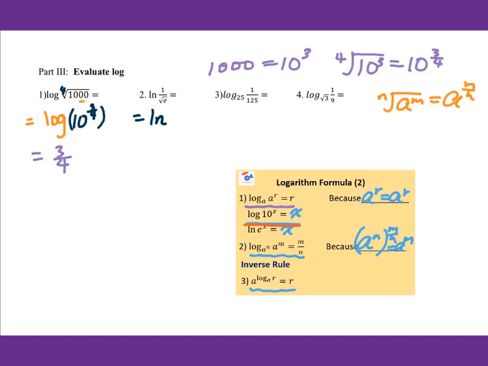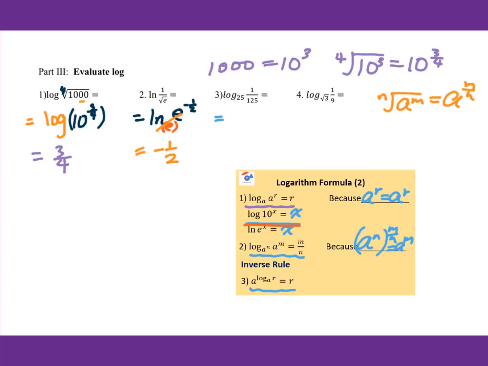For number 2, natural log. We know the natural log, the base is e. So you have to change 1 over square root of e into e to the negative 1/2 power. Therefore, you will get negative 1 over 2. For number 3, base is 25.